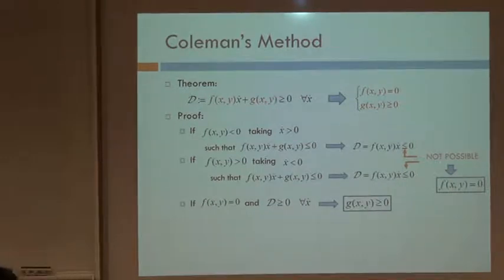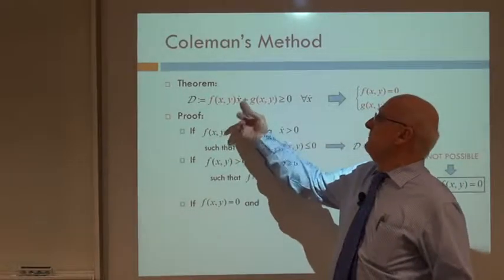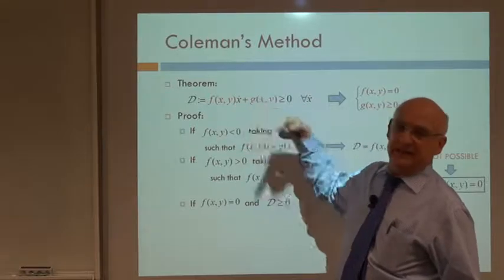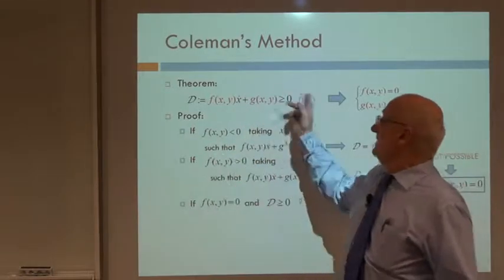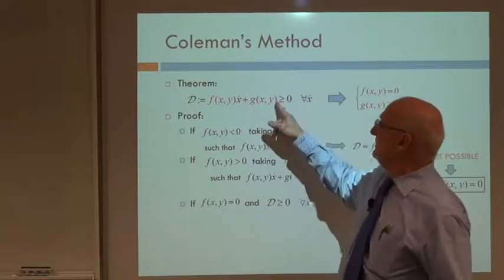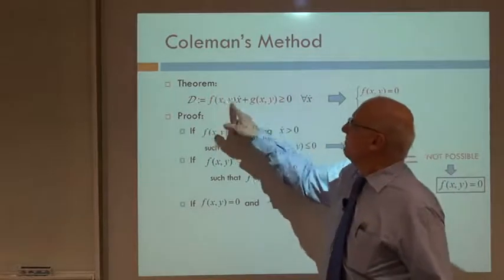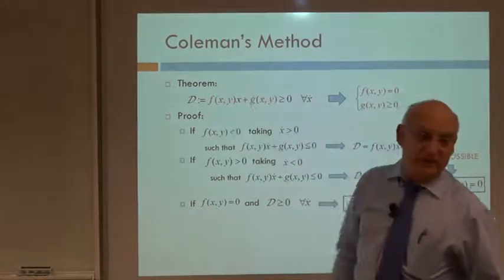Follow? That's a very simple reasoning that you can also look at in a little more detail, but that's the method. So whenever you have a function of instantaneous values that multiplies one rate that can take any value, positive or negative, plus another function not multiplying anything, greater than 0, that implies that this part is 0 and that part then has to be greater than 0.